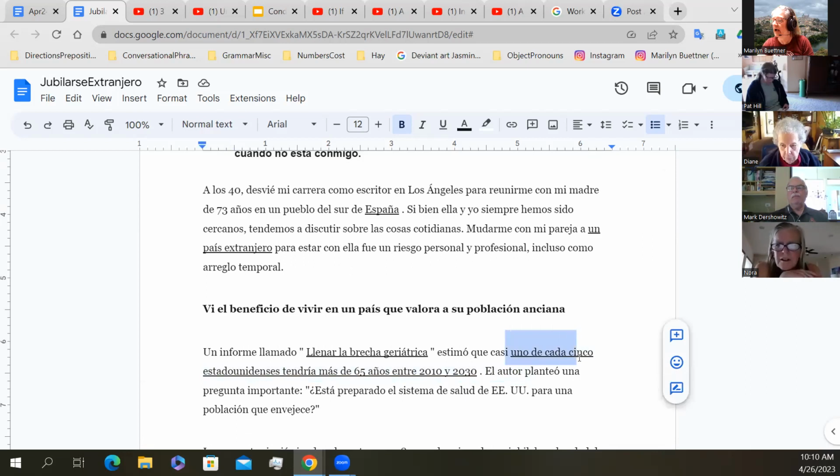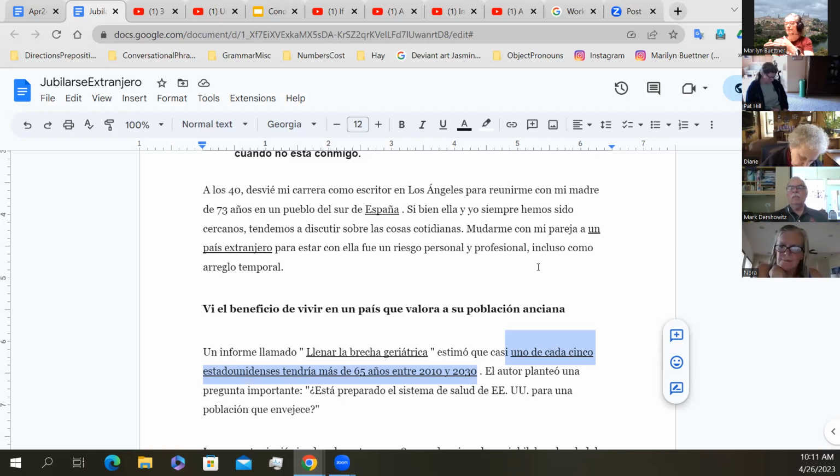Uno de cada 5 estadounidenses tendría más de 65 años entre 2010 y 2030. So I want to point out, here is another conditional that we don't use as frequently as the preterite or present or imperfect or even subjunctive.